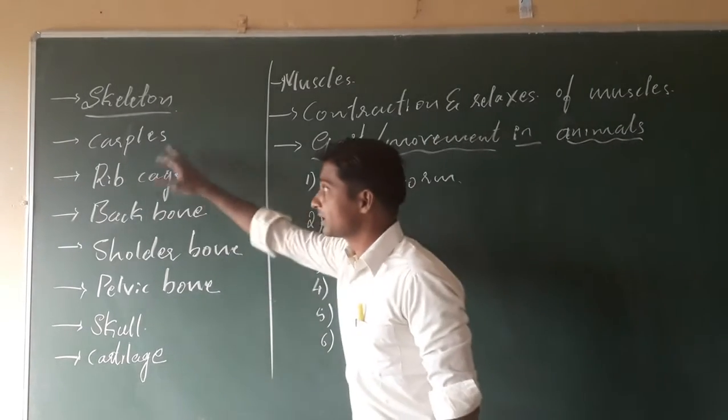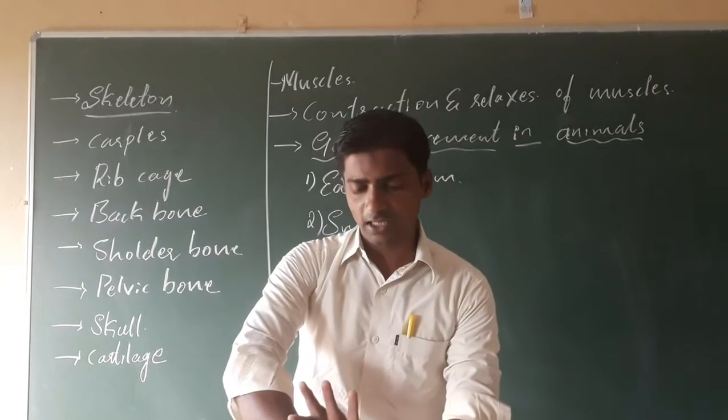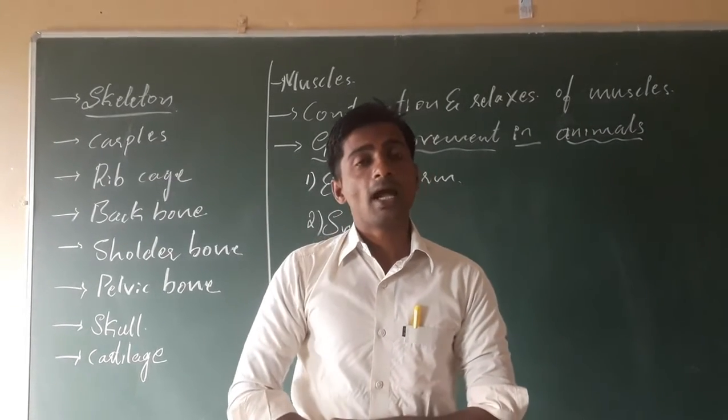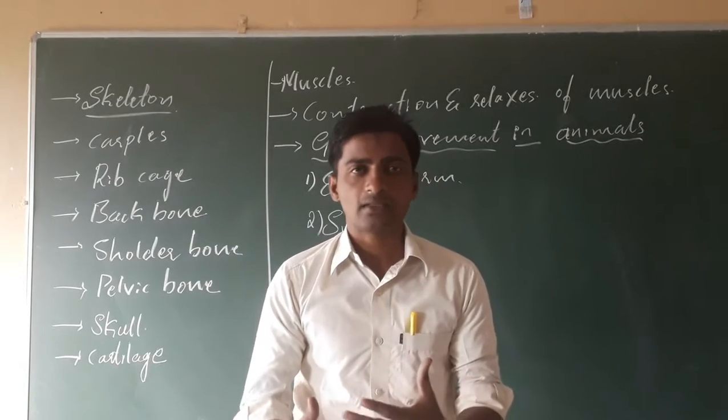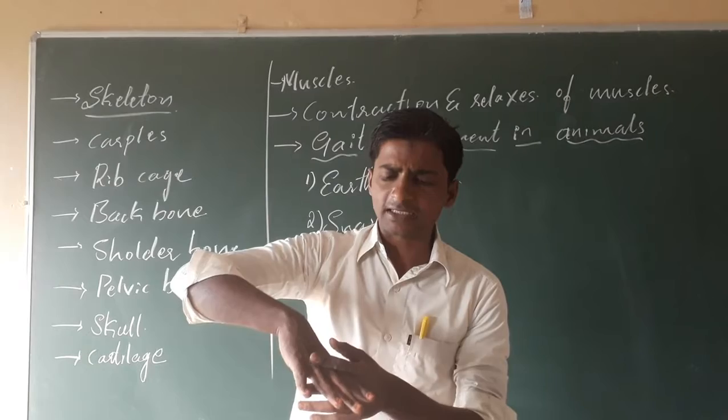See, the first one, the carpals. When we get an X-ray of the hand, either left hand or right hand, externally we see our fingers appear like that, about 3 inches.